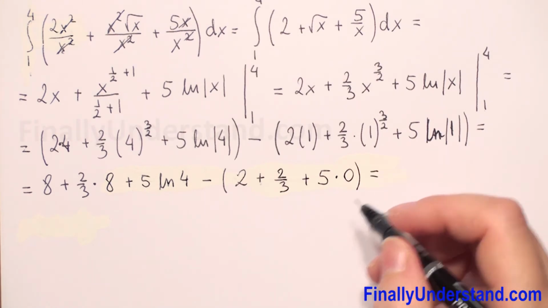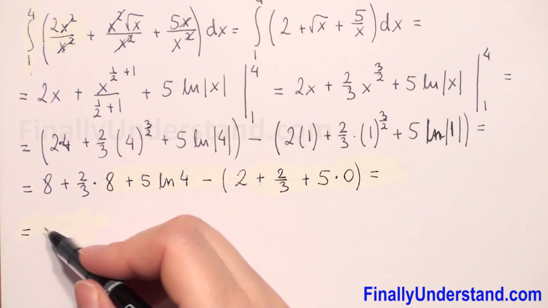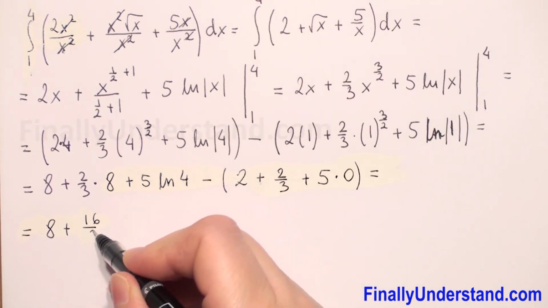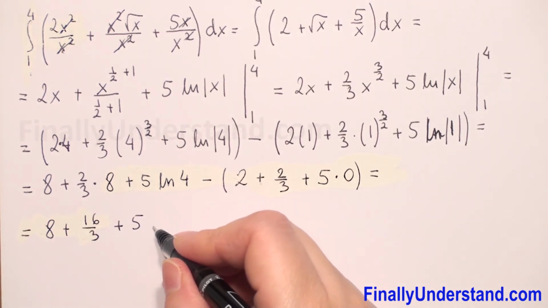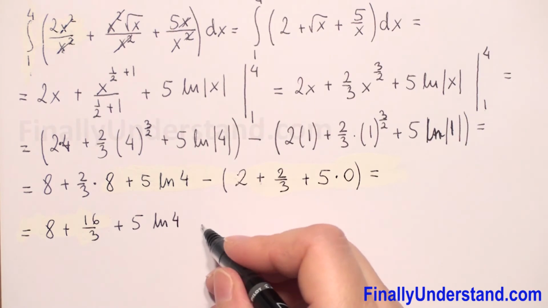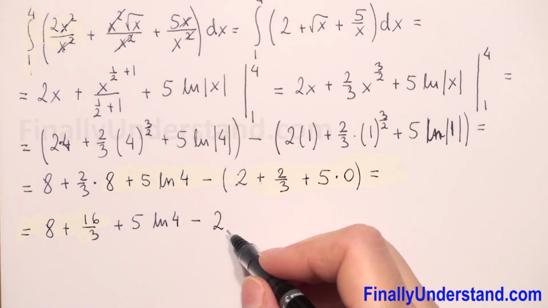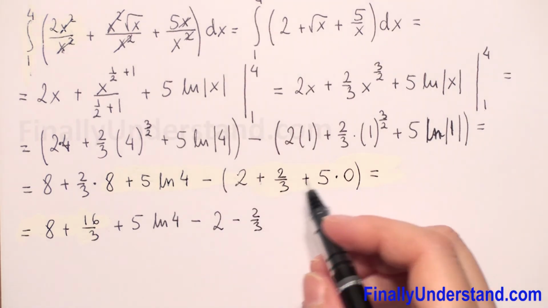So this is equal. We have 8 plus 16 over 3 plus 5 natural logarithm of 4 minus, it will be 2 minus 2/3 we can write, and 5 times 0 is 0.